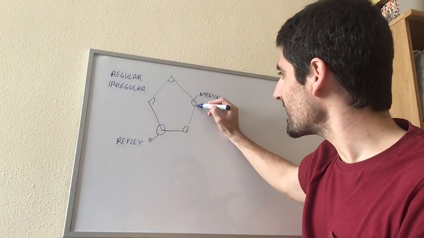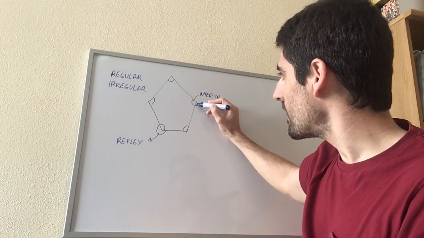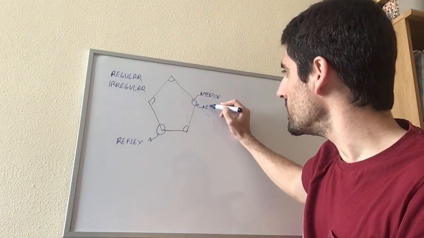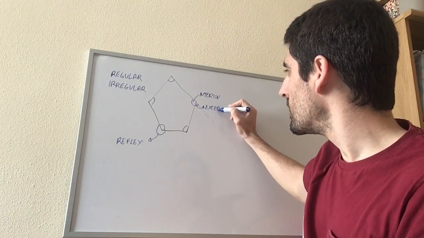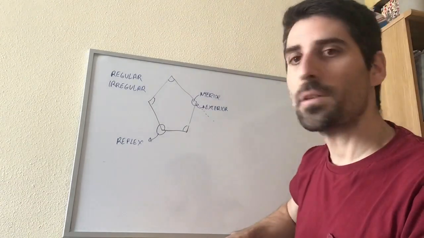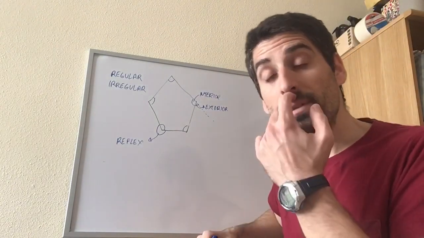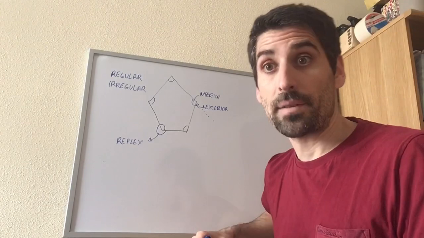So this angle here, that one is the exterior angle. And if I've got 5 interior angles, I must have 5 exterior angles.